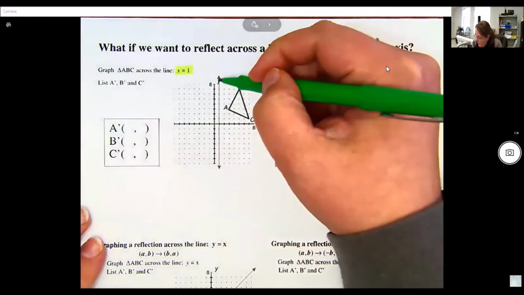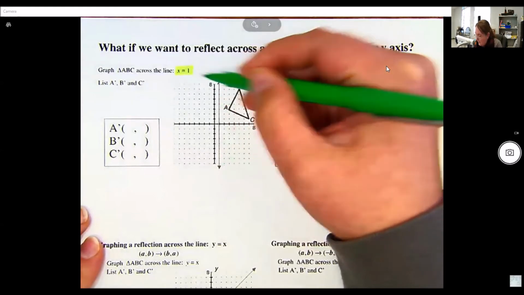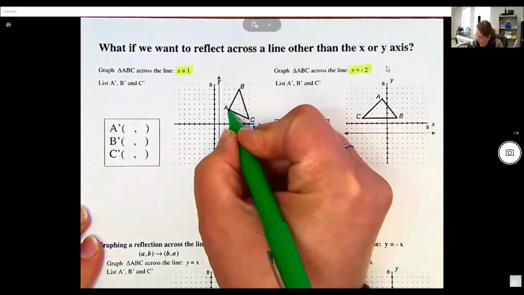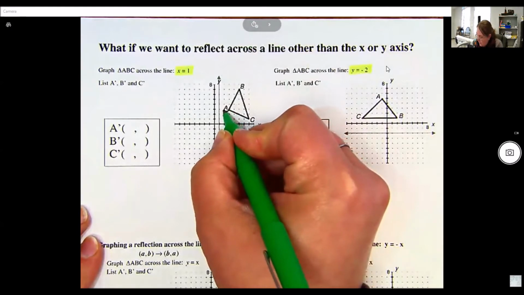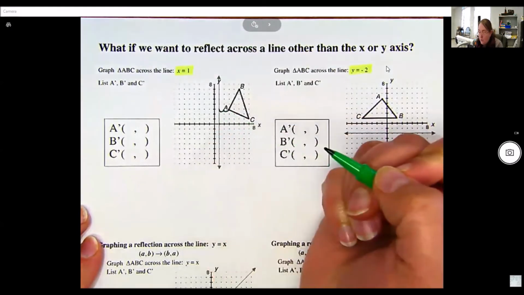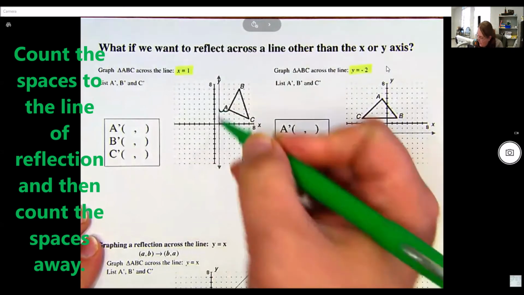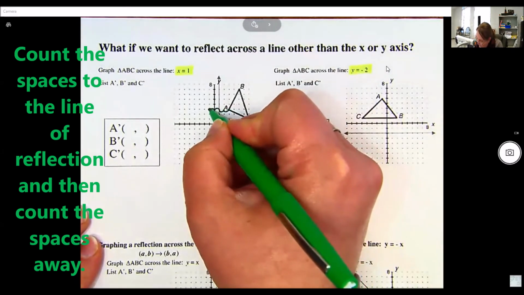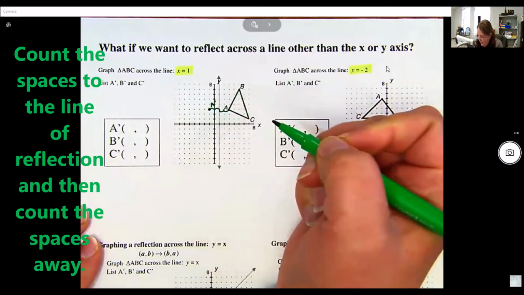This line right here is x = 1. It's a vertical line. I'm going to start at point A and count the spaces to the line. I count 2 spaces to that line of reflection. Then I count 2 spaces away, and that is where my A prime is going to be.